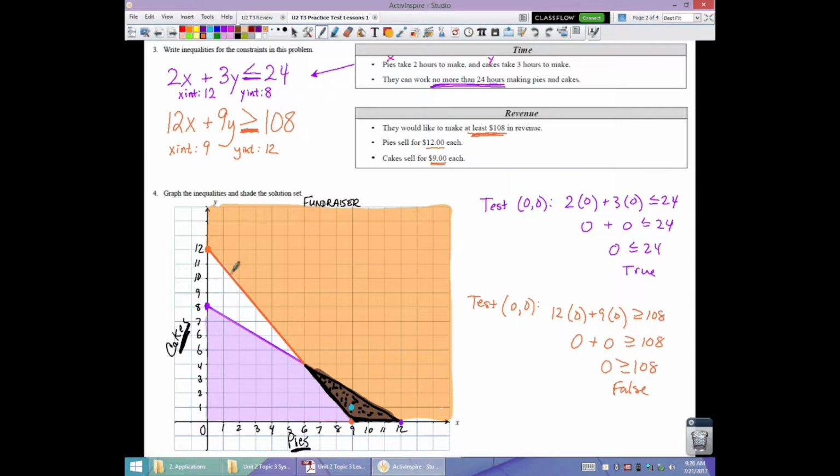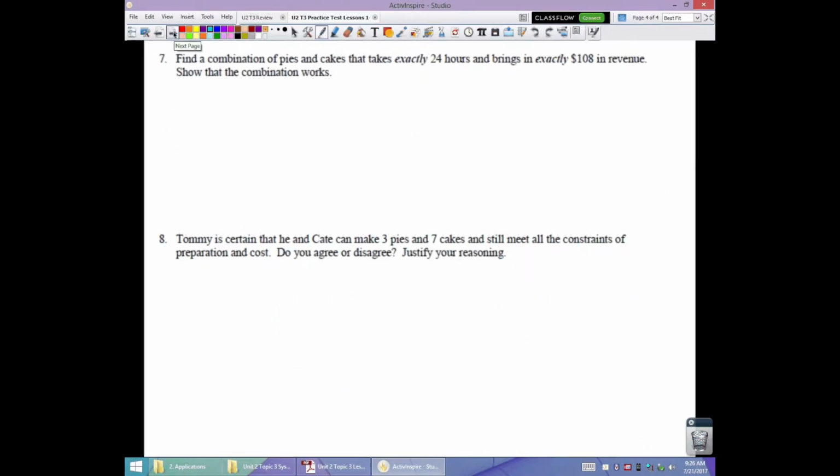And every point on this orangish reddish line is a point that results in exactly $108 in revenue. So if I want both of those to be exact, I need it to be on the orange line and the purple line. Well, that's right here. That's the point where they cross. That's the intersection, which in this case is at the point 6, 4. So 6 pies and 4 cakes.